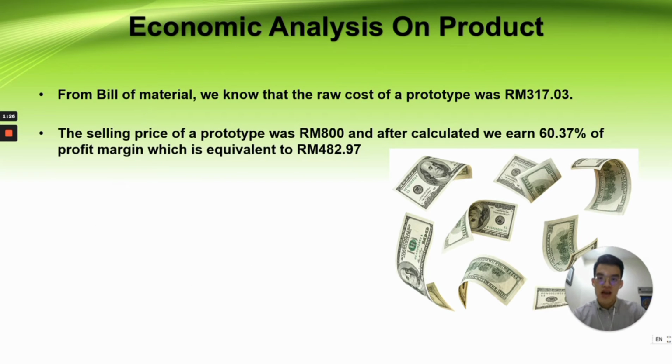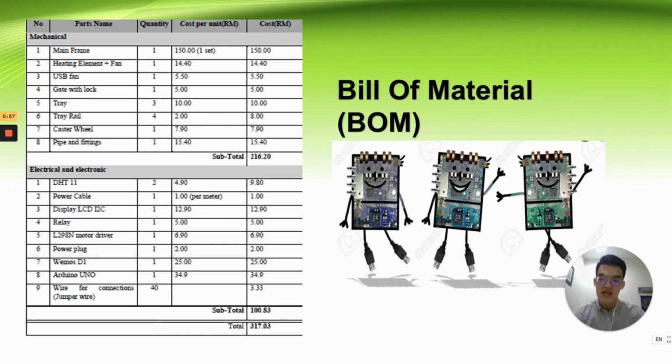Next, economic analysis on the product. From the bill of material, we can know the raw cost of a prototype was RM317.03, but the selling price of a prototype was almost 100 ringgit, and after calculation, we can earn almost a 60.37% profit margin, which is equivalent to RM482.97.